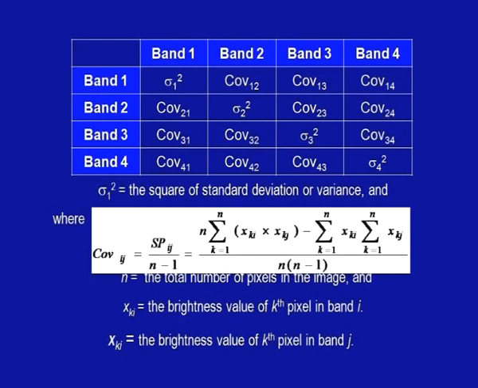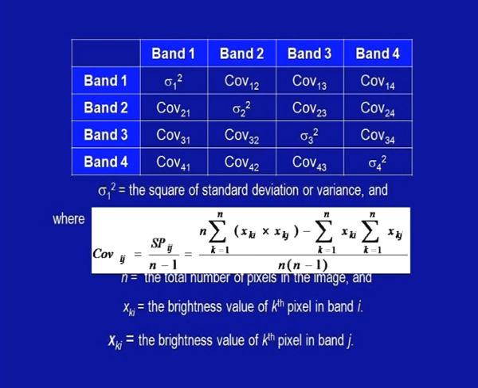The diagonal elements are represented by the square of the standard deviation, which is also known as the variance, whereas the off diagonal terms are represented as the interrelationship between variable 1 and 2 or between 1 and 3 or 1 and 4, and similarly we find that the variation for the second band with respect to the others can be represented as covariance 2-1 or 2-3 or 2-4. So, what does this covariance 2-1 actually mean?